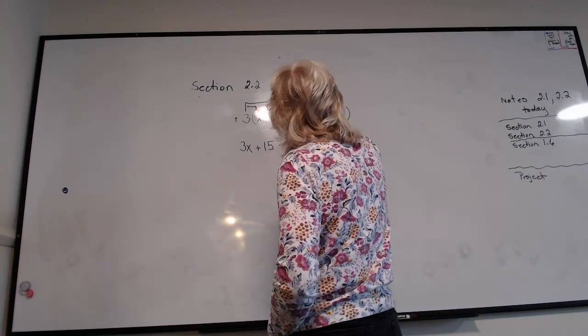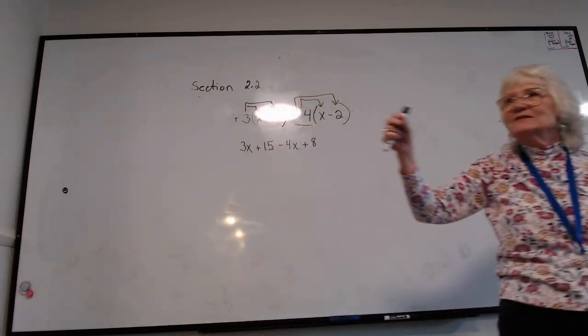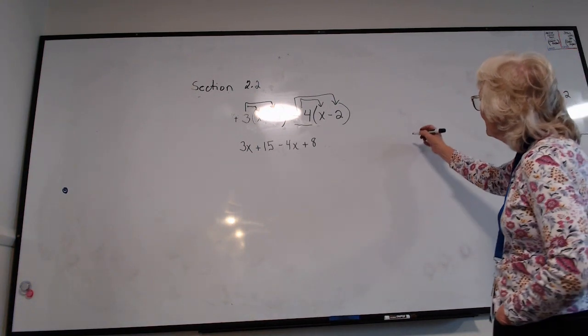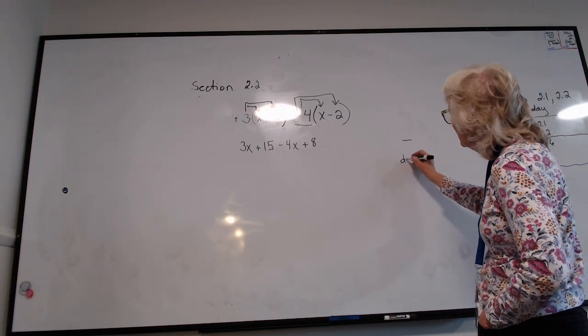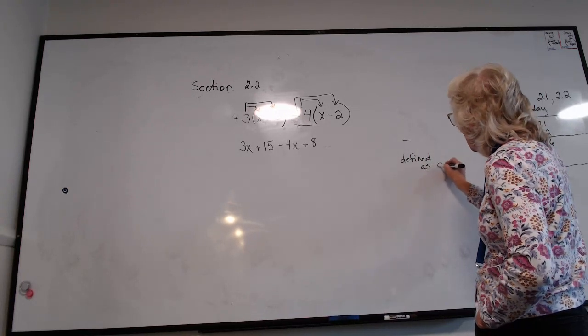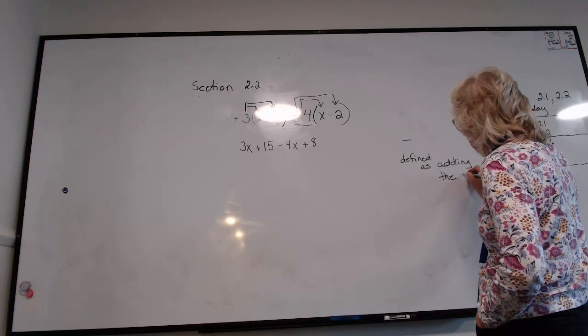We have to start learning that the sign in front is really whether it's positive or negative. A plus sign means it's positive, a negative sign means it's negative. Why? Because of this definition. Subtraction is defined as adding the opposite.